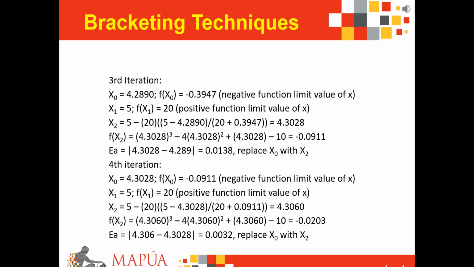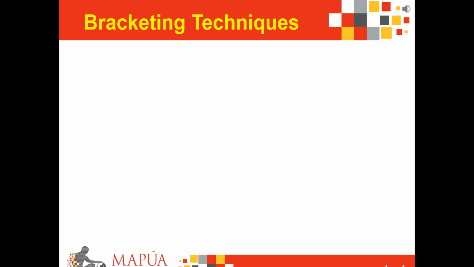Substituting 4.306 to your function gives us a function value f(x2) equal to 0.0203 with an absolute error this time of 0.0032. Note that this terminating condition still does not satisfy your respective root. Therefore, we repeat the process by replacing x0 with x2.